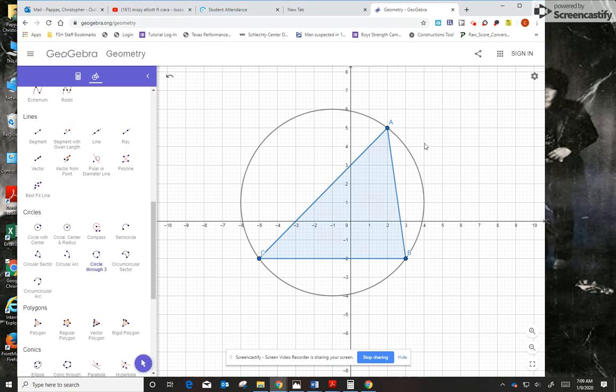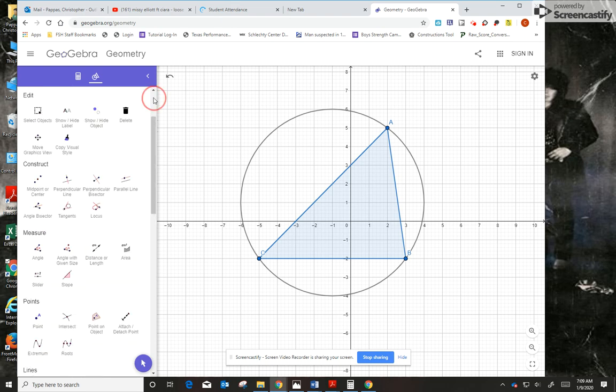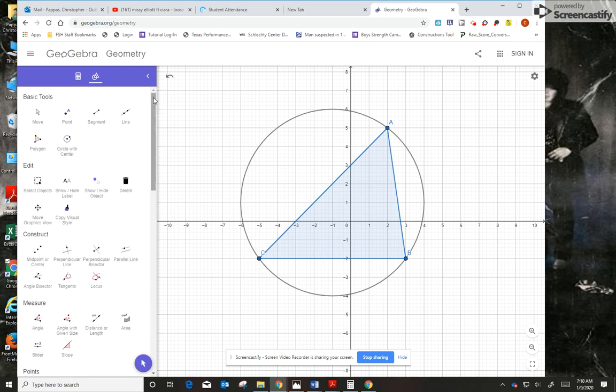All right. Now, in order to find the center of that circle, we need to go back to what we did, I believe it was in unit 4 or 5, where we did constructions with perpendicular bisectors, angle bisectors, and what have you.